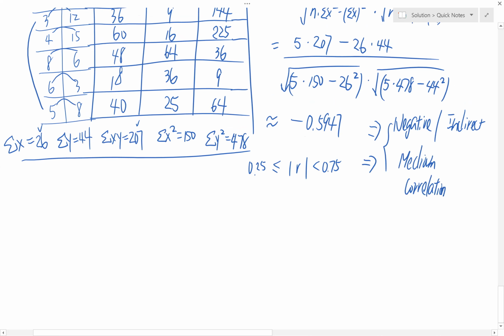So that defines the relationship between the two variables. Now we complete the first part of the analysis: we come up with a medium indirect correlation between those two variables.